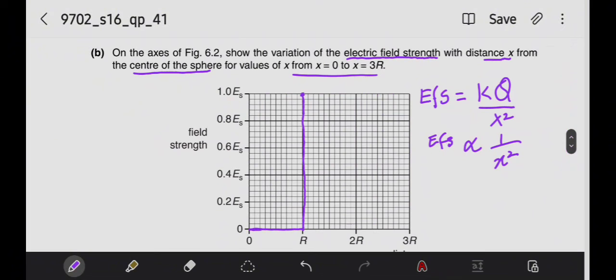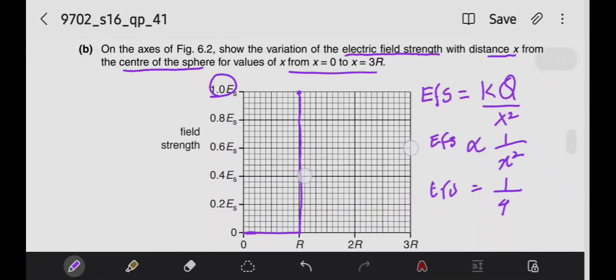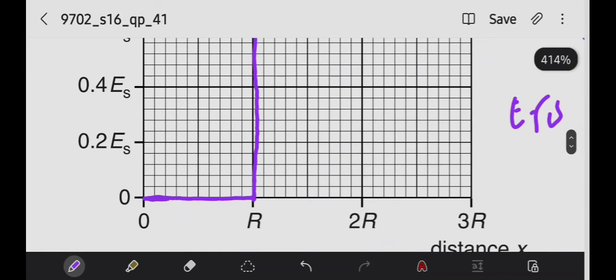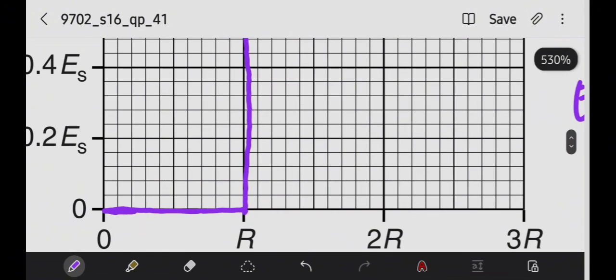And then for 2r, it would become 1 over 4, right? Because 2 is squared. So 1 over 4 of the original value of Es would be 0.25. So at 2r, it would be 0.25, somewhere over here.